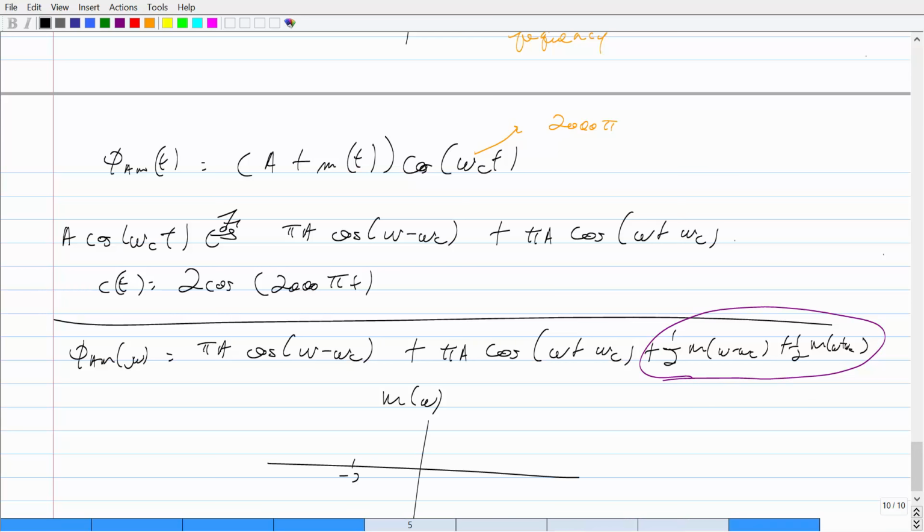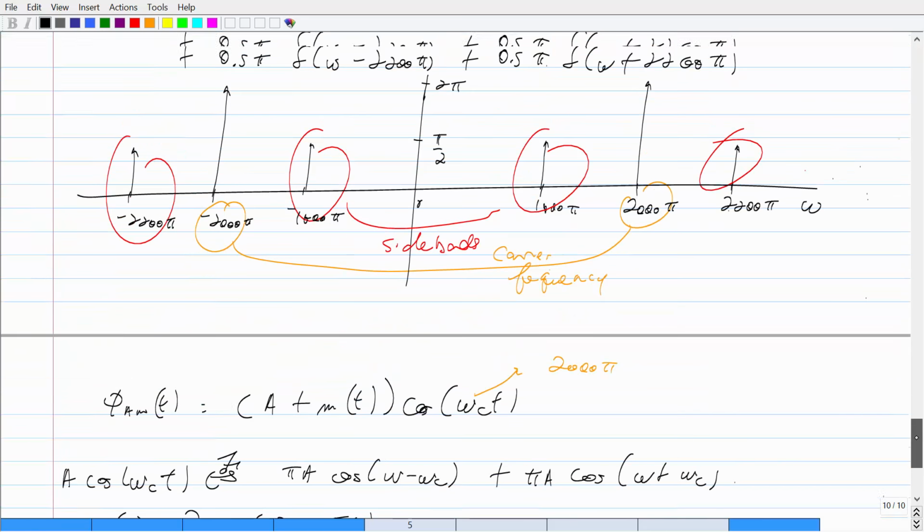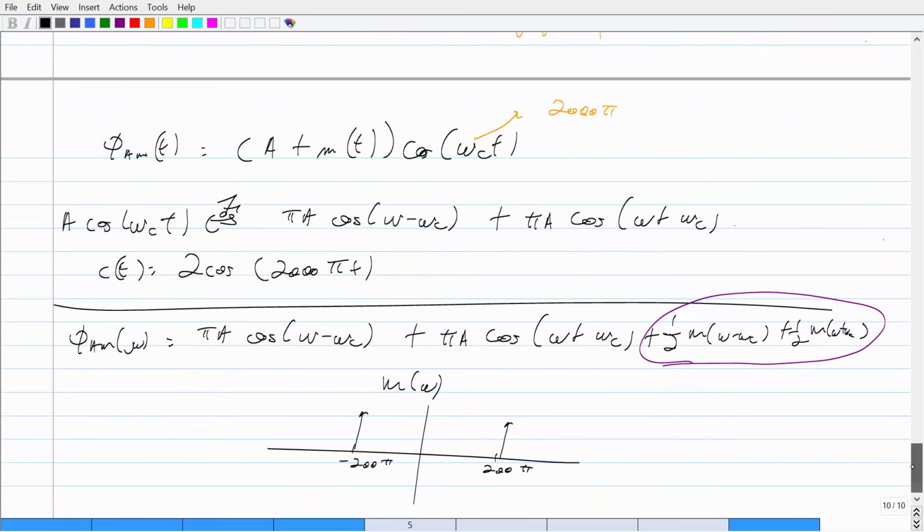It's 200 pi, 200 pi, and then there are 2 impulses, but you have to make sure you multiply by 2. So in this case, this becomes pi. Remember that the cosine wave has 2 impulses that are defined by plus minus omega. In this case, this is 200 pi, so our message signal is simply cosine of 200 pi t.